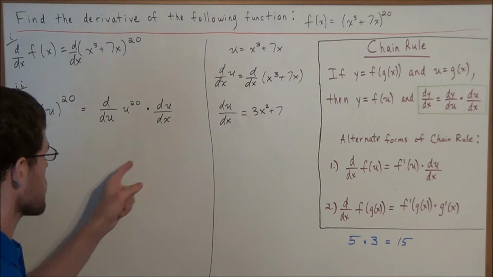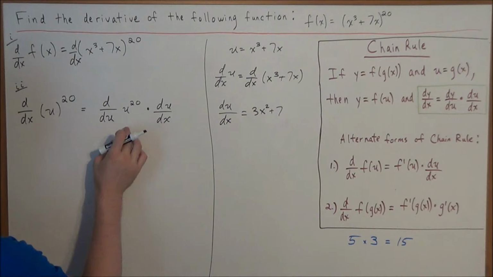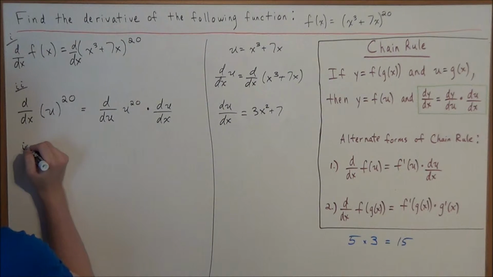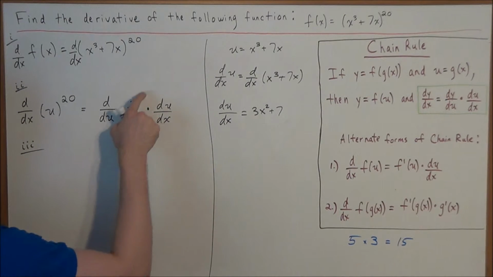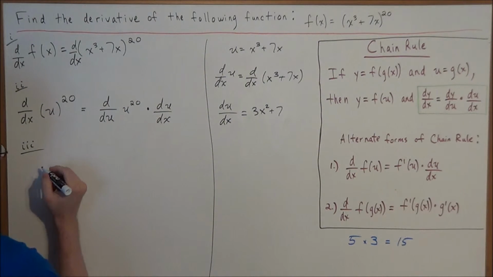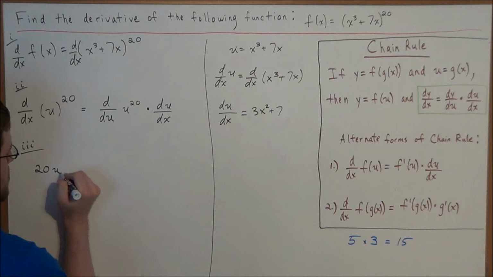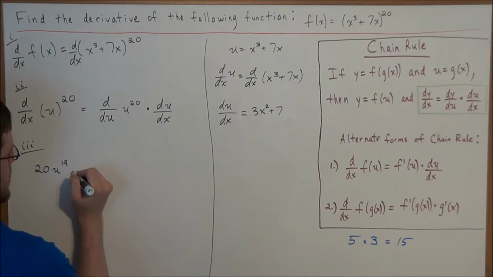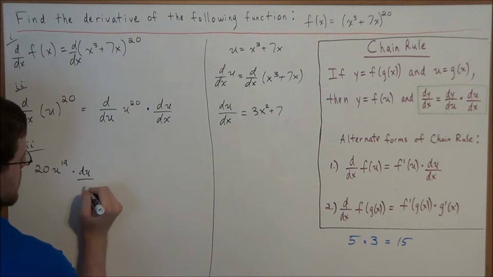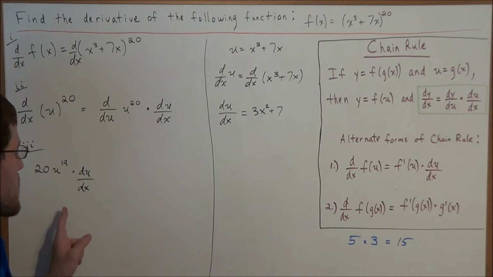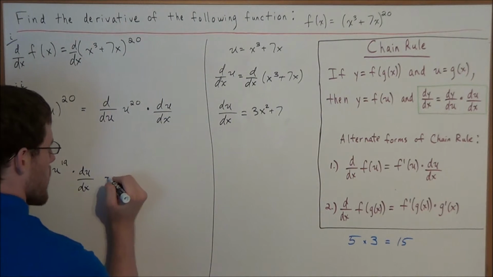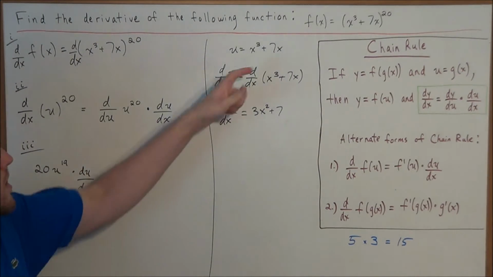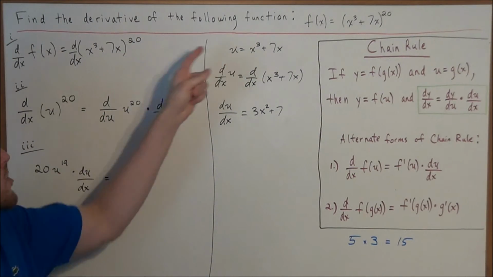So for the next line of this problem, we're going to take the derivative with respect to u of u to the 20th power. That would be 20 times u to the 20 minus 1, or 19th power, times du dx. So now we can finish this problem. Now we're going to substitute back in because remember, we're finding this derivative with respect to x.